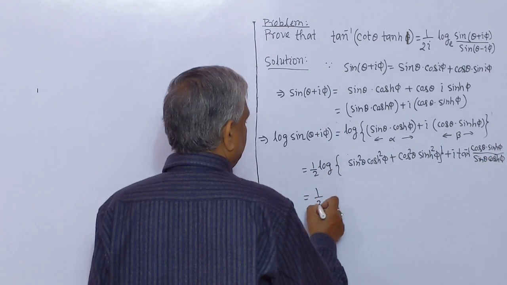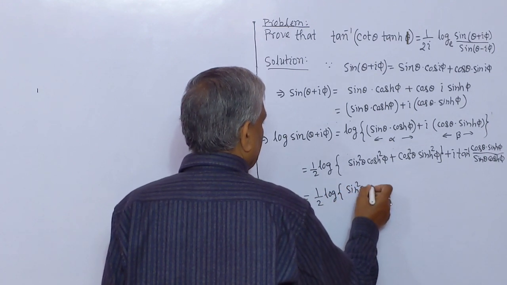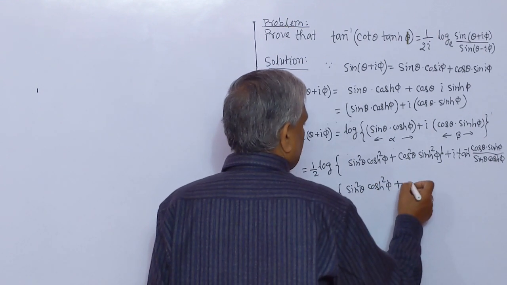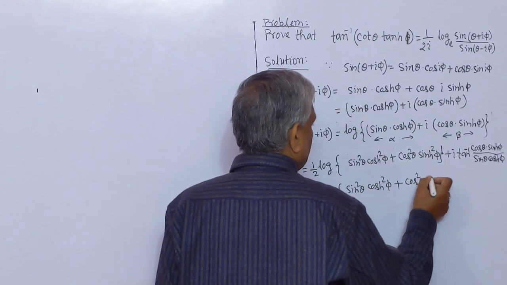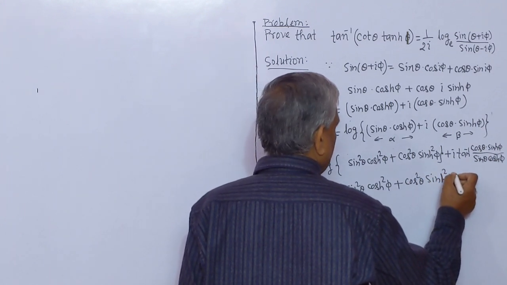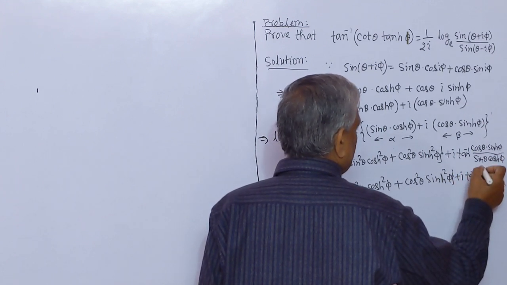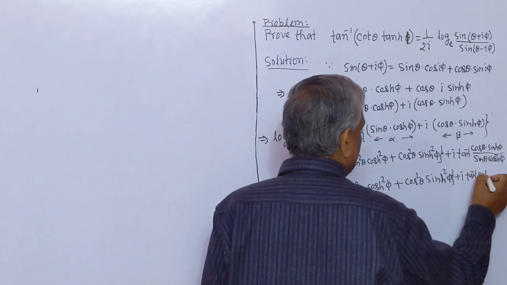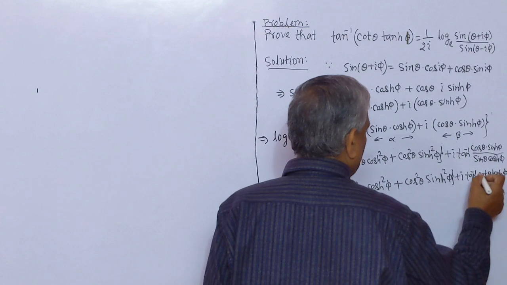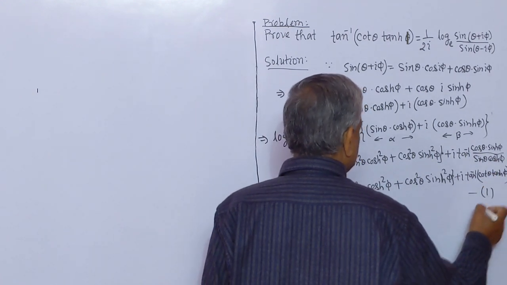This is equal to half log(sin²θ cosh²φ + cos²θ sinh²φ) plus i tan⁻¹, this is cos by sin, cot θ tanh φ. Let this be number 1.